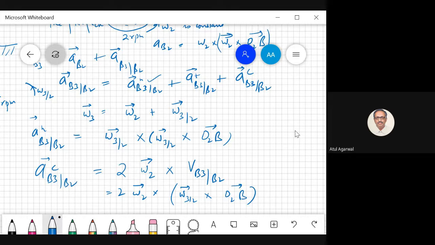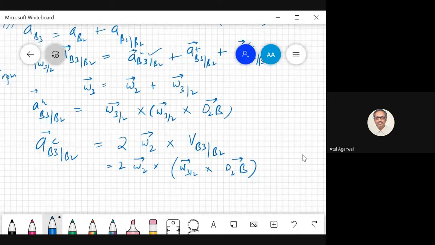Any problem? Clear, sir. Okay. So what is the acceleration of B3 with respect to B2? Normal acceleration is there. Coriolis is there. Yes, sir.